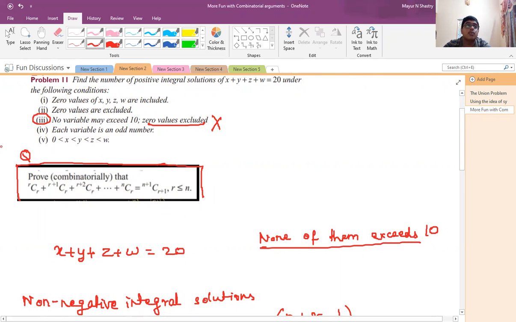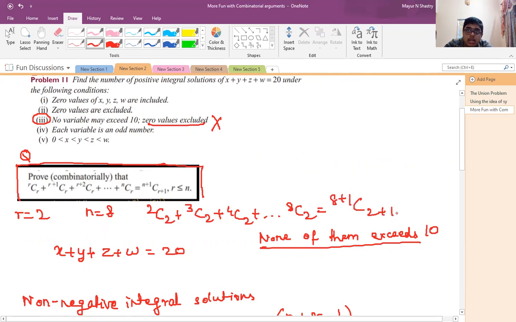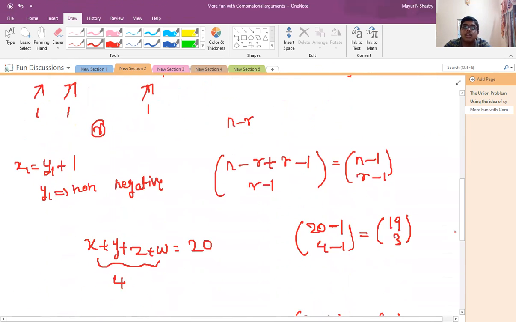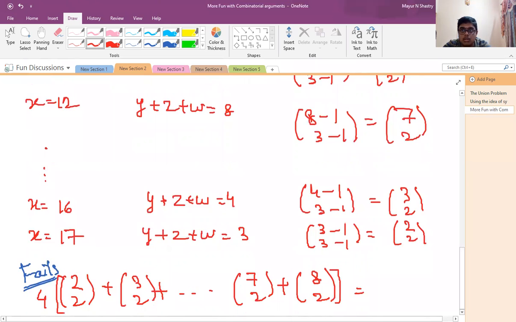So why are these formulas related? Because if you put r equals 2 here and n equals 8, you see that it's 2 choose 2 plus 3 choose 2 plus 4 choose 2 all the way up to 8 choose 2. And that's what we need. And that would be 8 plus 1, choose 2 plus 1, and that's 9 choose 3. Yeah, we have 9 choose 3.